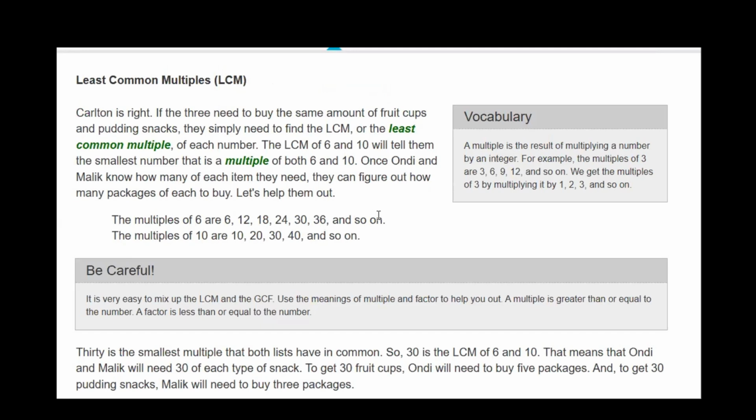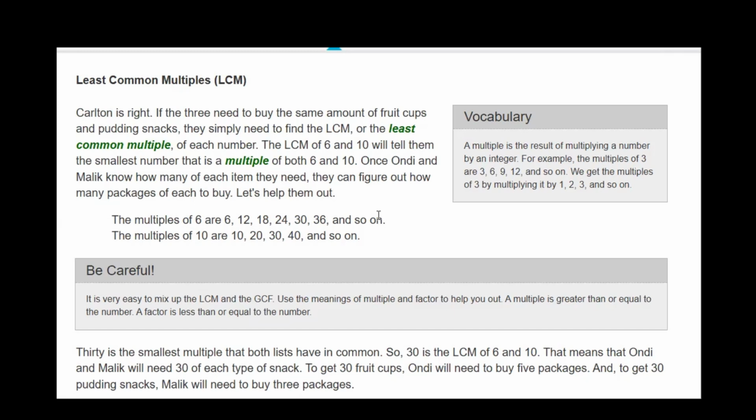Carlton is right. If these three need to buy the same amount of fruit cups and pudding snacks, they simply need to find the LCM, the least common multiple, of each number.